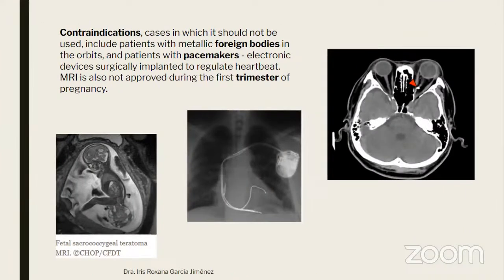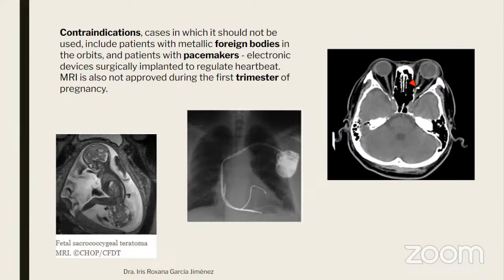Contraindications, of course, not everything must be perfect. Contraindications: patients with metallic foreign bodies, for example, a plate in the cranium that certainly can be attracted by the MRI magnets.